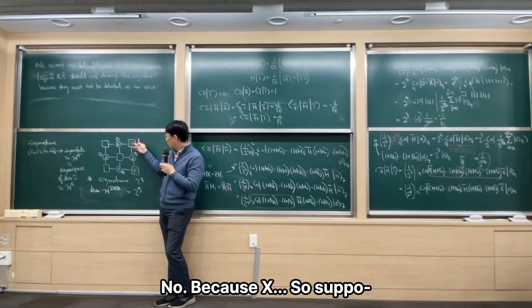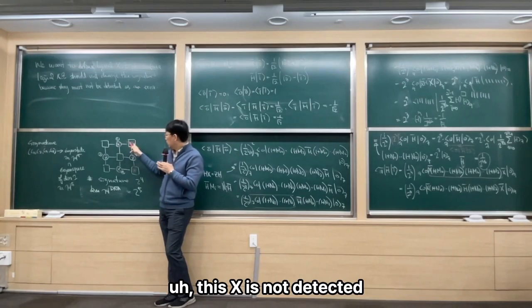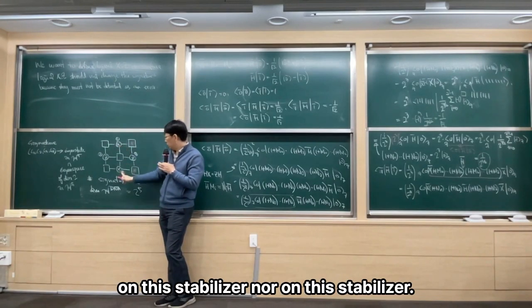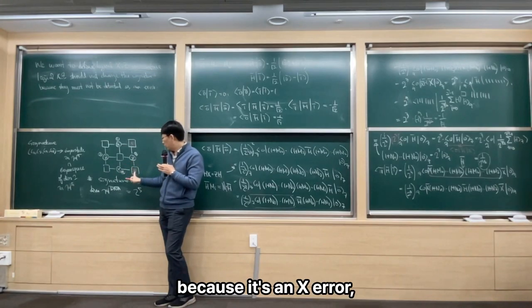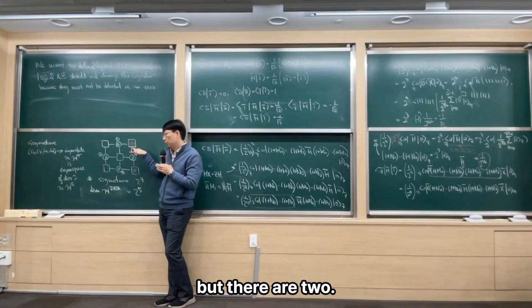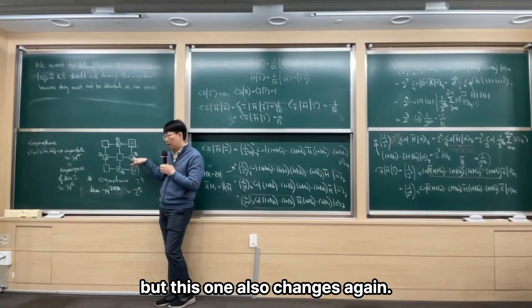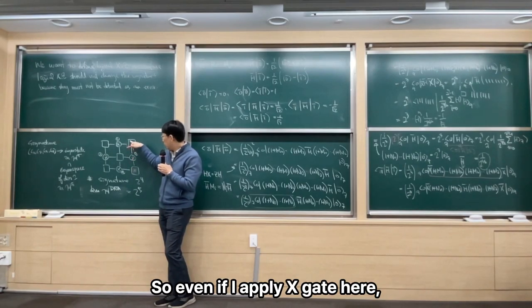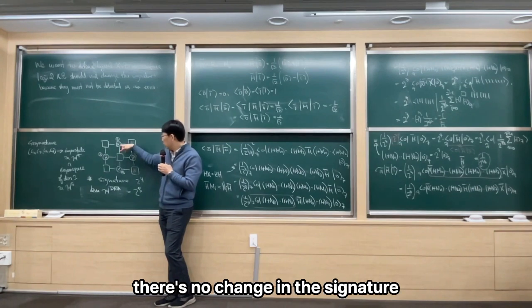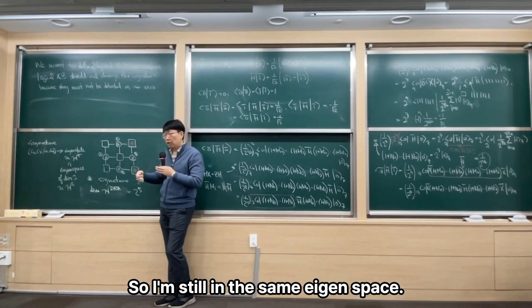No, because even supposing this X is an error, it is not detected on this stabilizer, nor on this stabilizer. It is detected on this Z stabilizer because it's an X error, but there are two, so their effects cancel out. So there's no change in the signature readout, and I'm still in the same eigenspace.